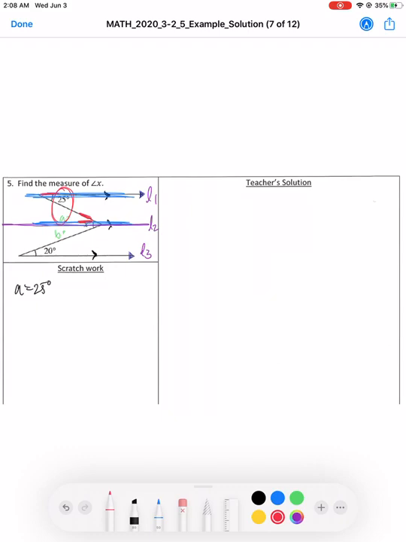It's important that they're on the same transversal so we can make these relationships. Because they're on opposite sides of the transversal and inside the parallel lines, these two angles are equal by alternate angles. So once A is 25, we'll go ahead and write that down.